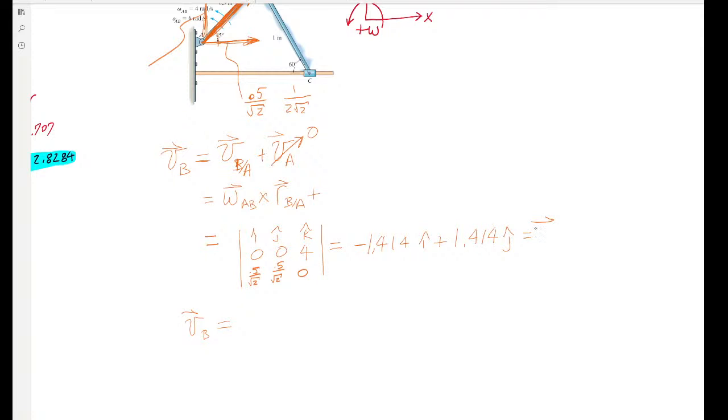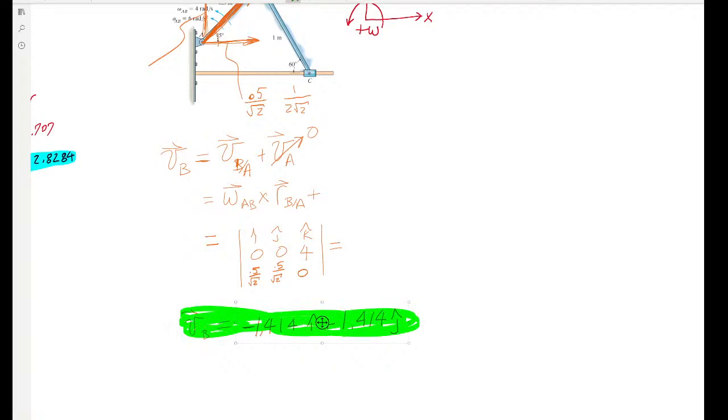I'm going to do this. Now I will highlight all that because that's going to be used in a little while. That'll leave me this space to the right here in which I'm going to write velocity of C is equal to velocity of C relative to B plus velocity of B, which I have below.